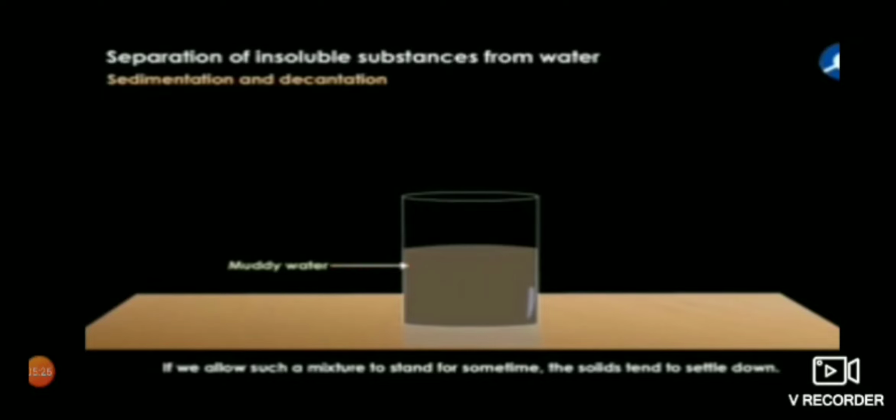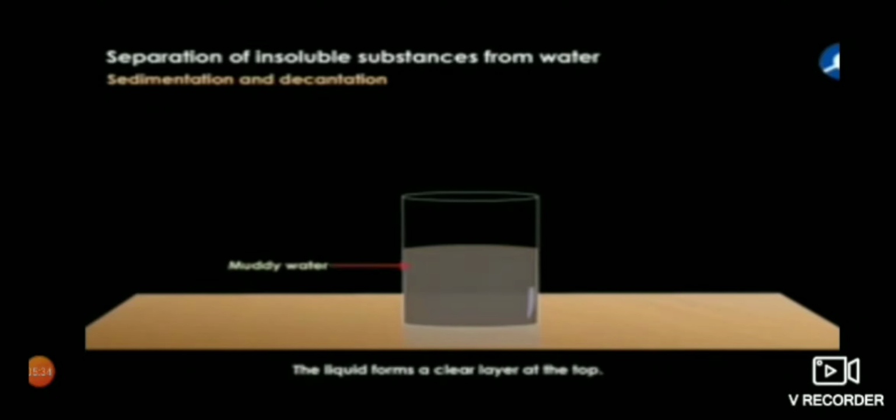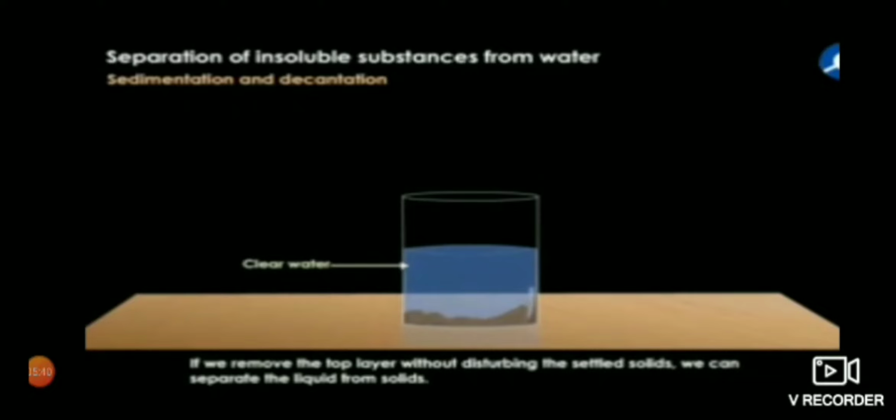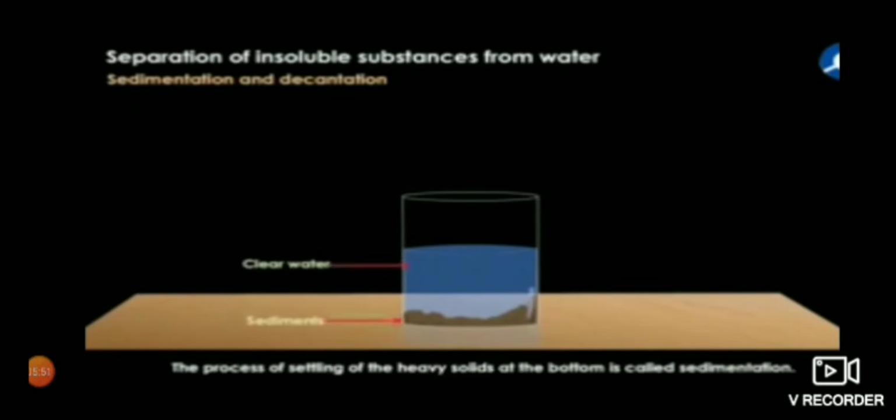We are making the muddy water. If we allow such a mixture to stand for some time, the solids tend to settle down. Let us watch. The liquid forms a clear layer at the top and we can see the mud at the bottom. If we remove the top layer without disturbing the settled solids, we can separate the liquid from the solids.